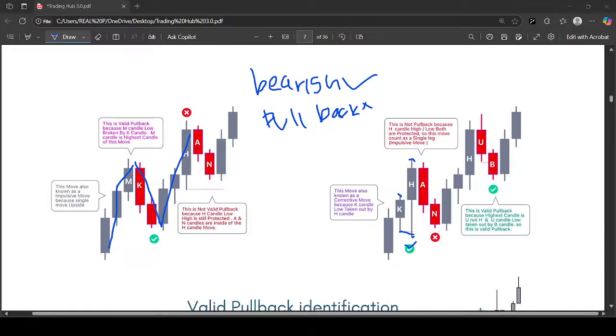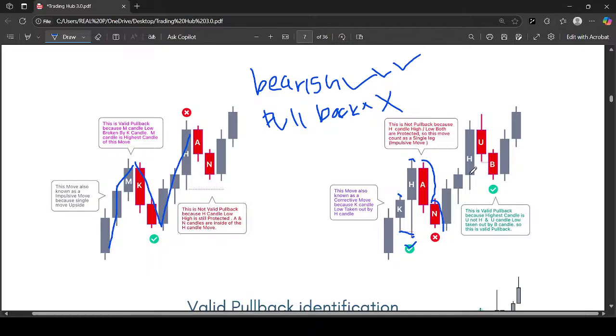So our H candle remains the prominent candle. You may have seen these bearish candles form here, but it still does not indicate a pullback. They are bearish candles, yes, and these bearish candles formed in the midst of bullish candles, yes. But are they pullbacks? No. They are not pullbacks, right?